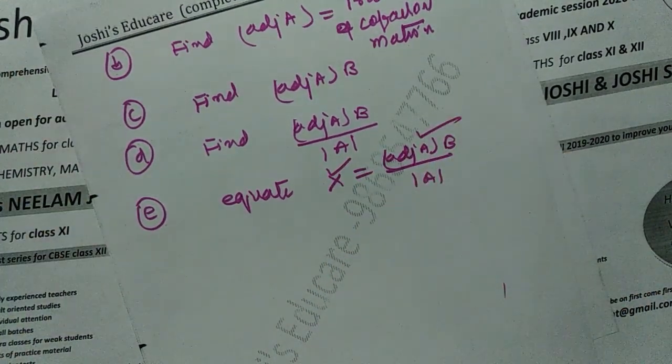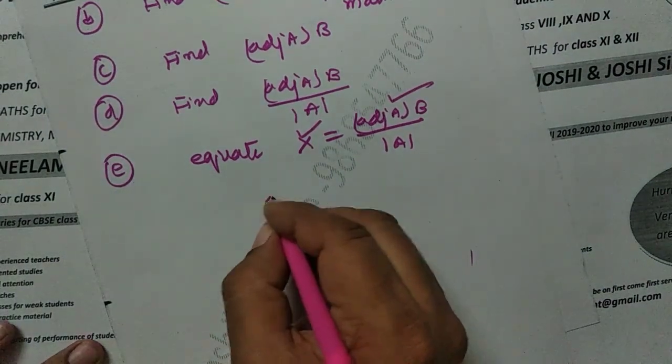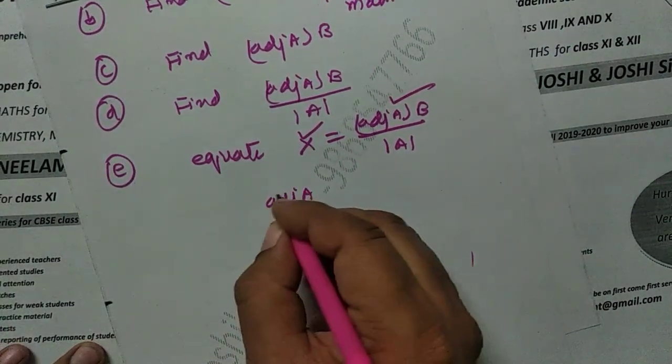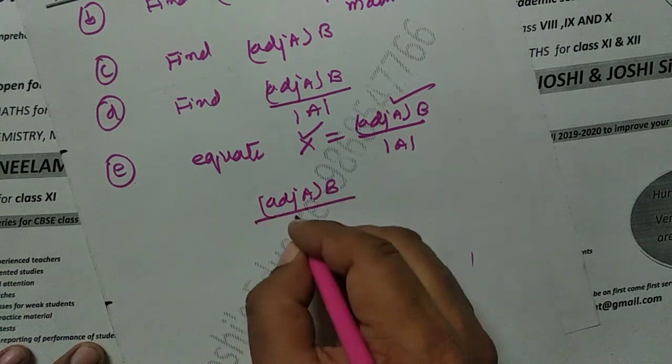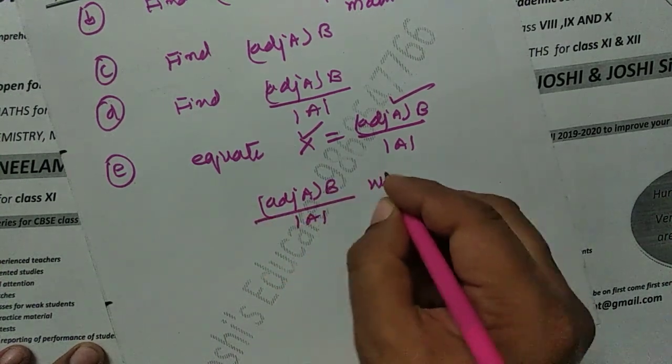Adjoint of A into B you will get, it will be a column matrix.